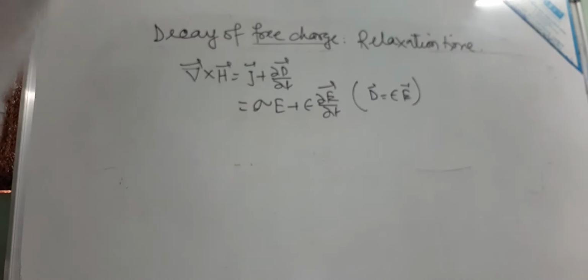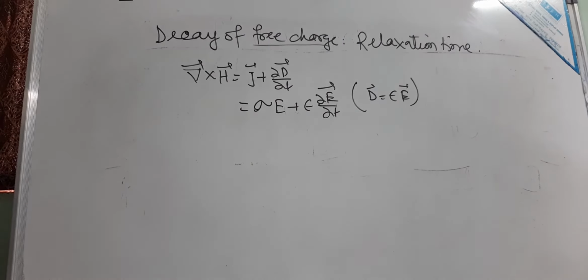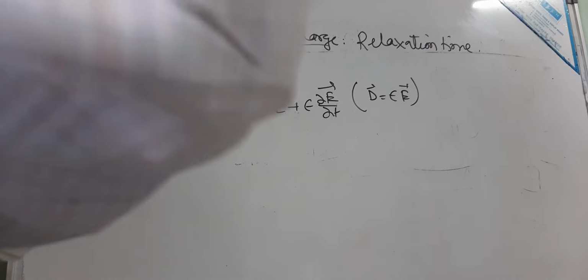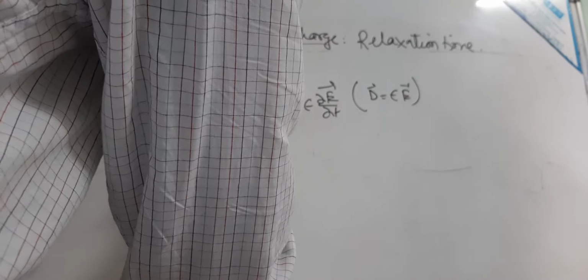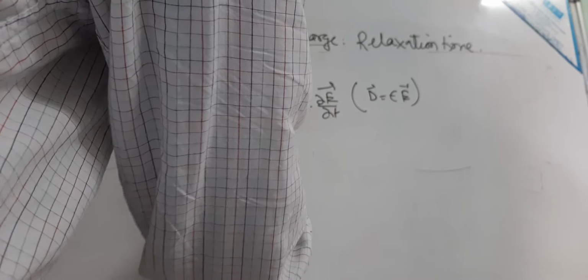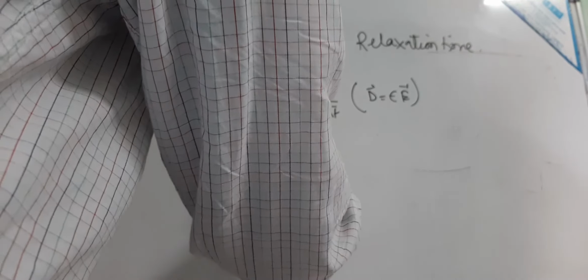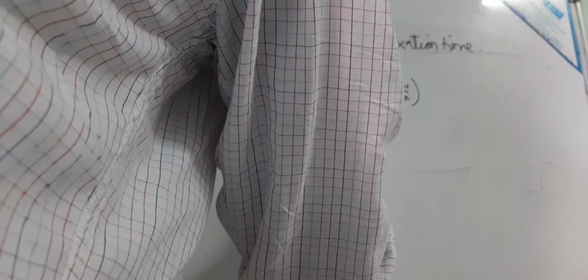So if you take the divergence of curl of H, it equals sigma times divergence of E plus epsilon del by del T of divergence of E.